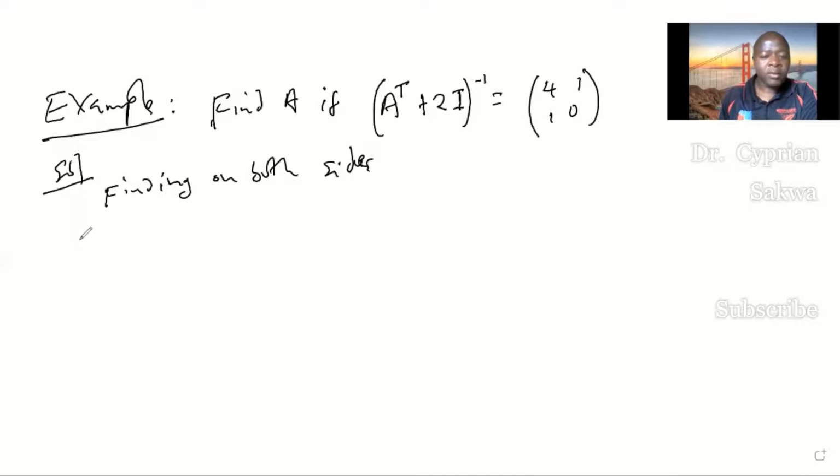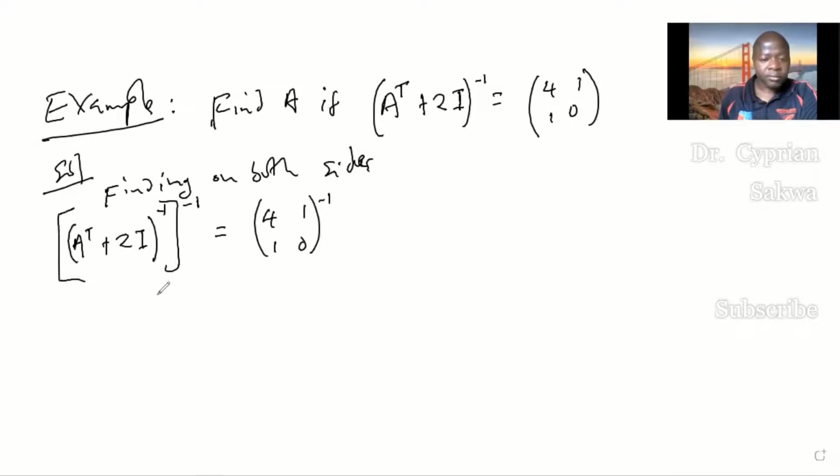What we would have is the inverse of A transpose plus 2I, inverse, is the same as the inverse of 4, 1, 1, 0. But I know what the left side is: the inverse of this inverse would just be A transpose plus 2I.